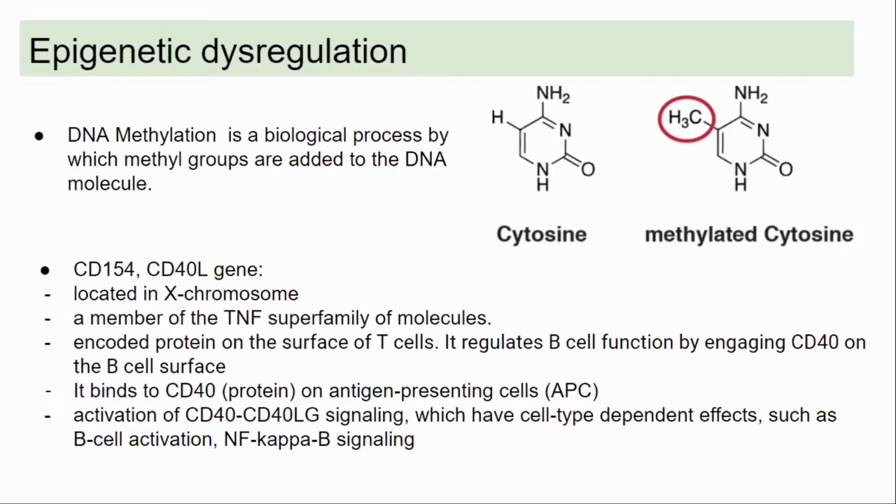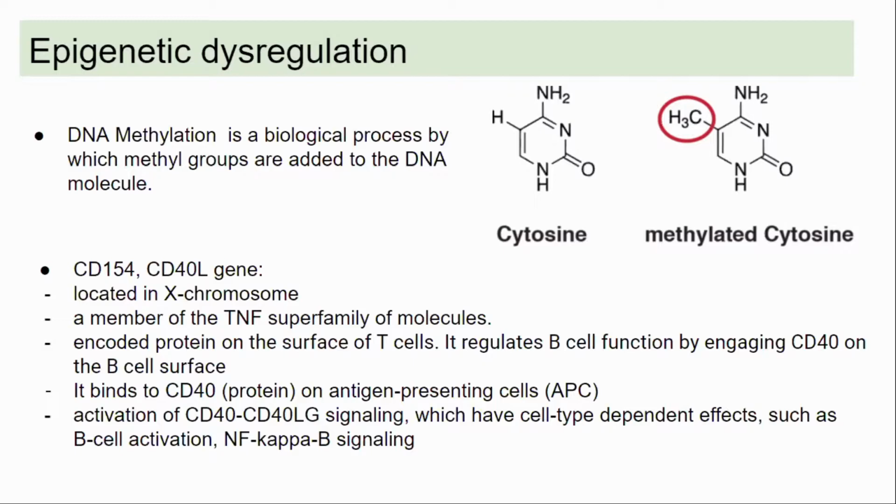DNA methylation is involved in many processes such as cancer and aging, and in SLE patients, widespread hypomethylation was found, such as the DNA methylation signature in interferon regulated genes. Here, we focus on X chromosome inactivation. Hypomethylation of the inactive X chromosome leads to an abnormal increase in the expression level of affected genes.